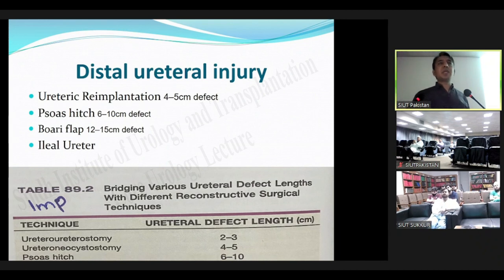And the other important thing is to ligate or divide the contralateral pedicle, meaning the superior vesical artery, that will give you a good mobilization of the bladder to the ipsilateral side. And if still it's not possible with psoas hitch, and the anastomosis is under tension, then we can go for Boari flap, and that will give a further 12 to 15 centimeter defect coverage.